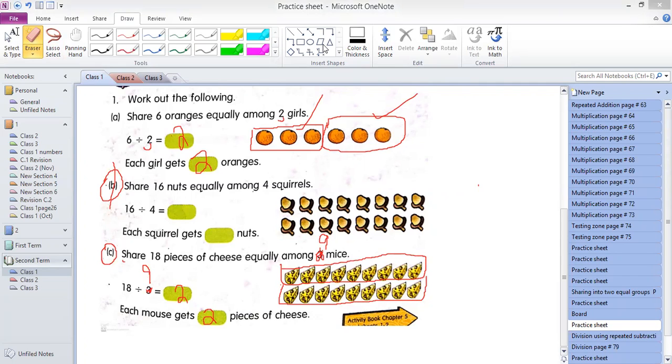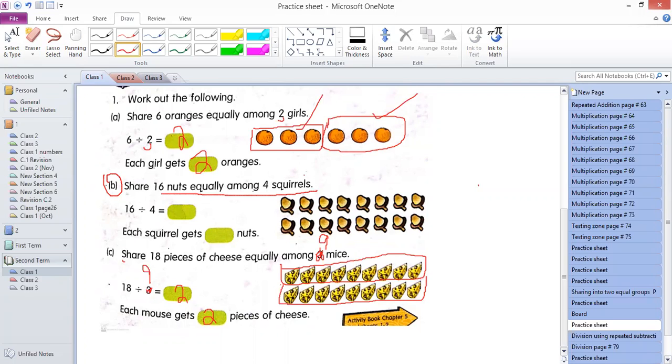Yes, Abdul Basit, answer me question number B. Share 16 nuts equally among 4 squirrels. Each squirrel will get how many nuts?